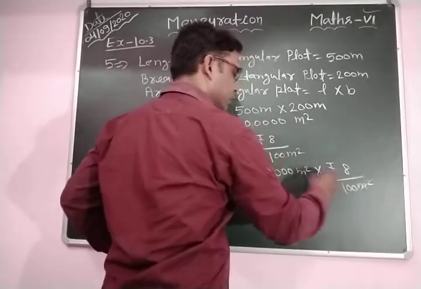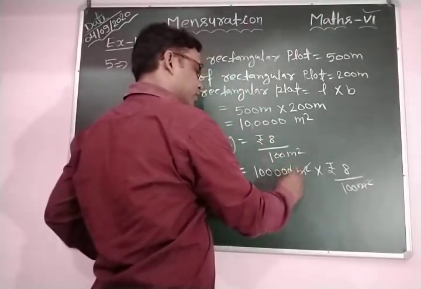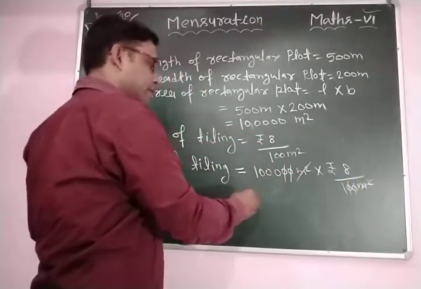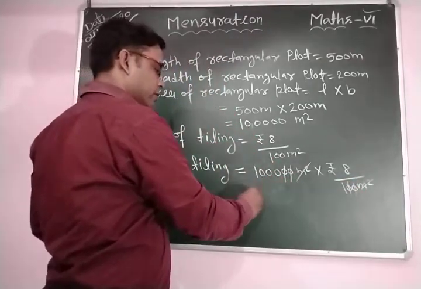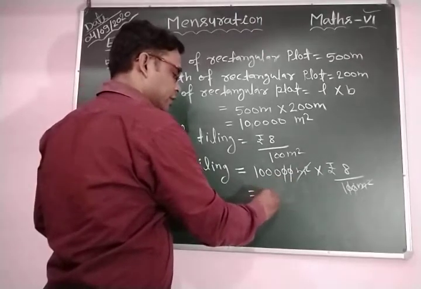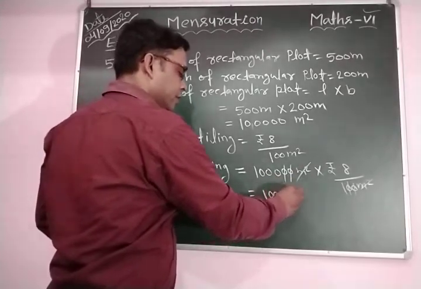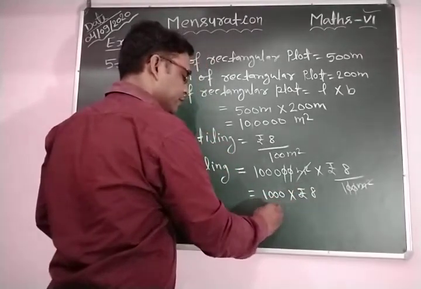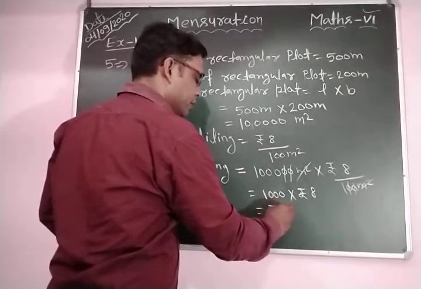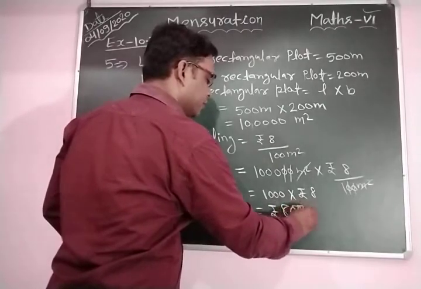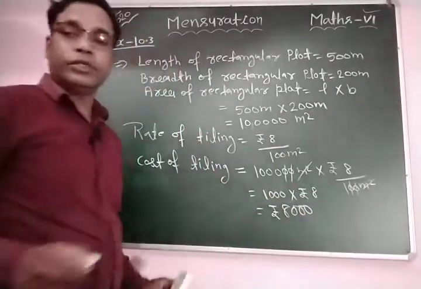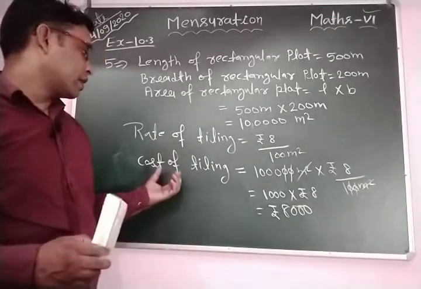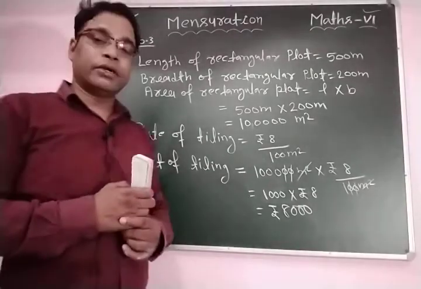First meter square cancels, after this two zeros cancel. So you have only 1000, and 1000 into rupees 8 is equal to 8000 rupees. So in this way you can see the cost of tiling is 8000 rupees.